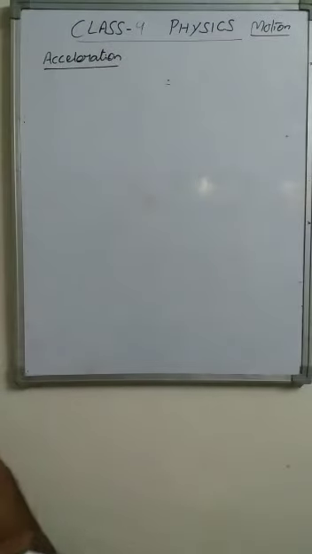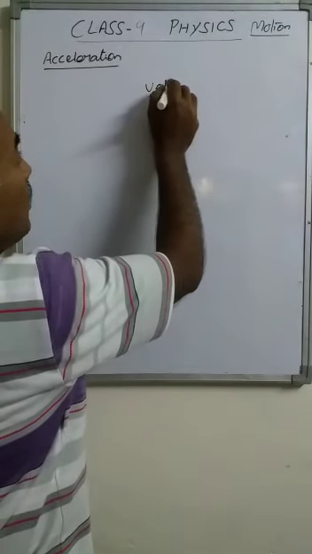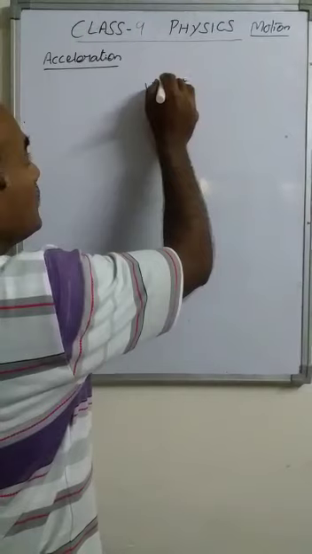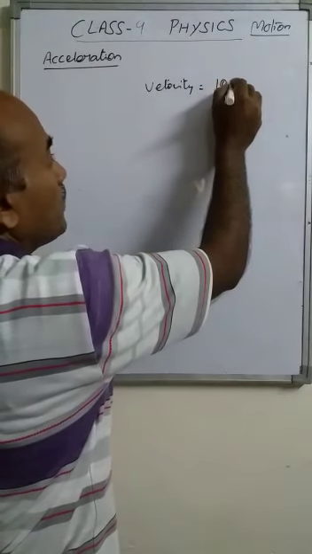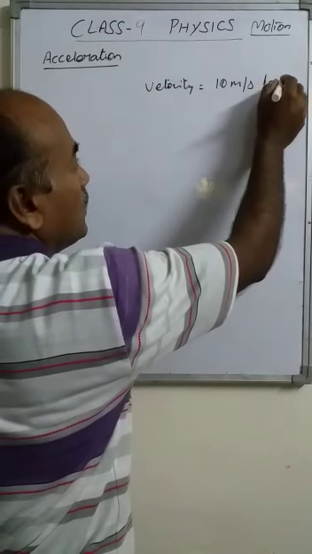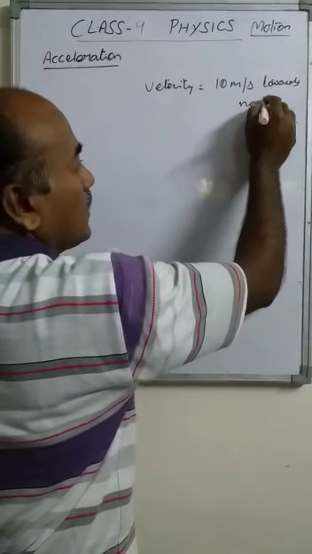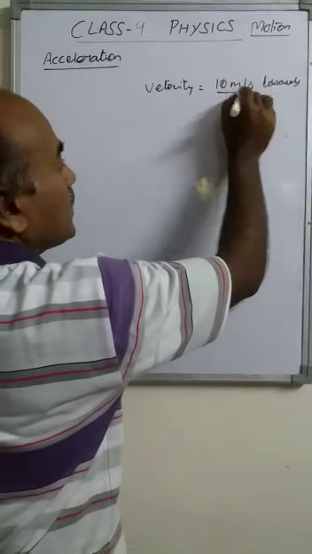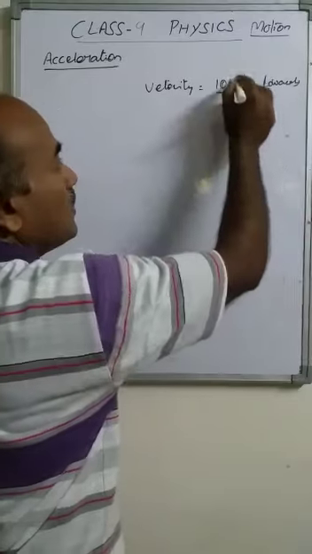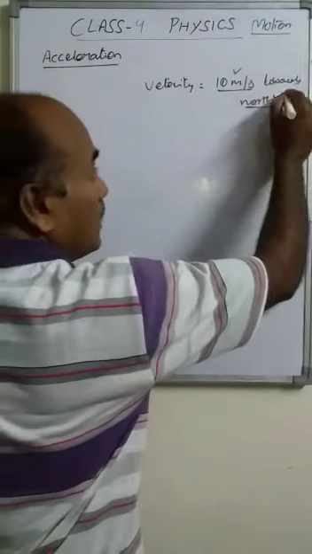How can we change the velocity? Suppose I write the velocity of anything is 10 meter per second towards north, let us say. In this velocity, 10 meter per second is the magnitude and this is the direction.